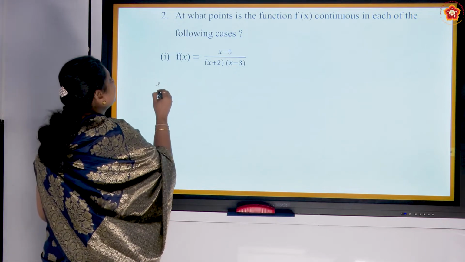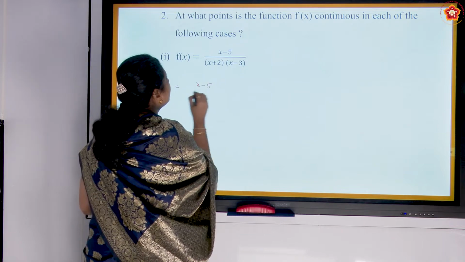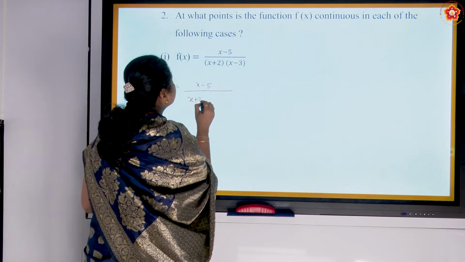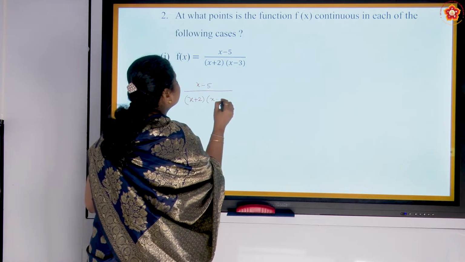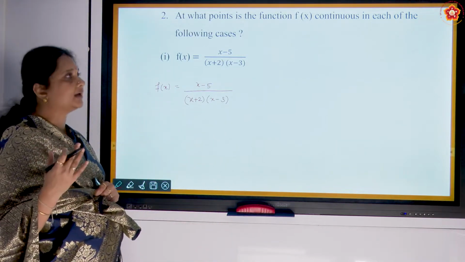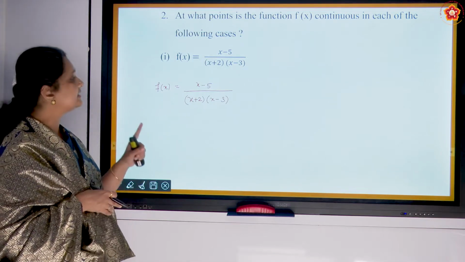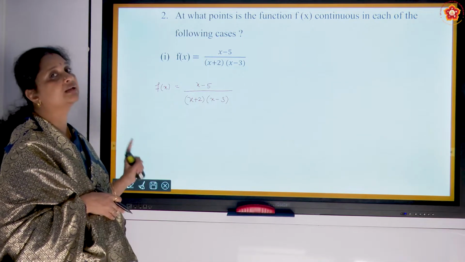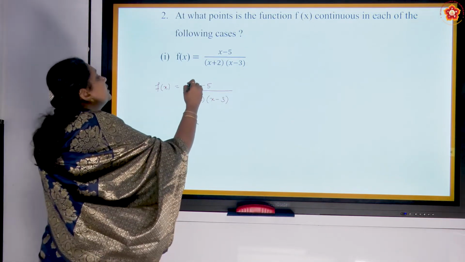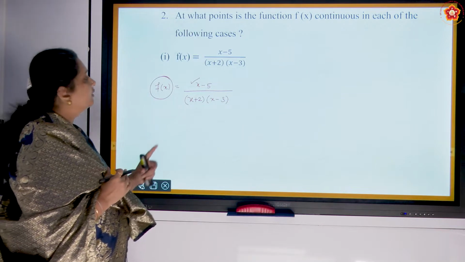Now, this f of x is equal to (x minus 5) by (x plus 2) into (x minus 3). We have to read this function in the entire real number system and see whether whatever real number value you give for x, you get a real number as the value of f of x.